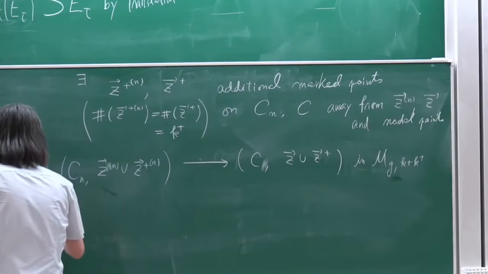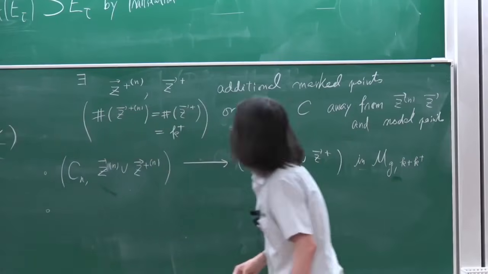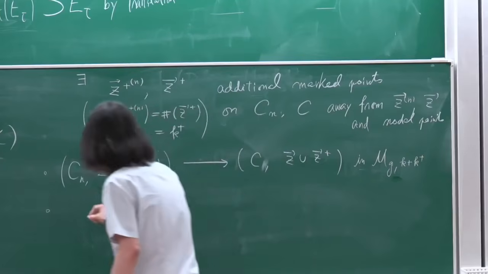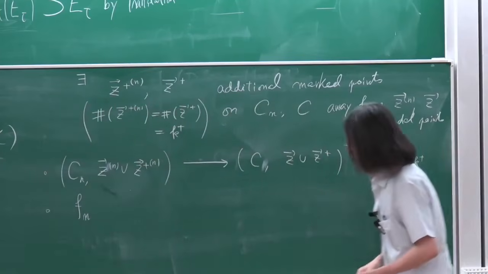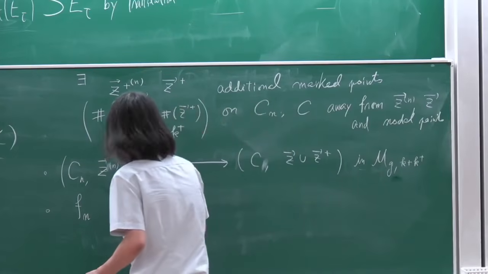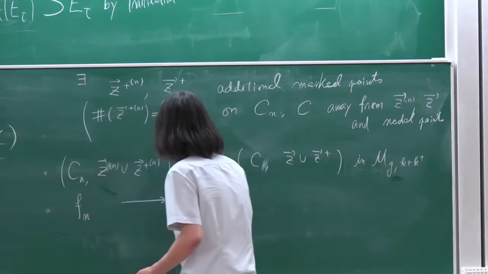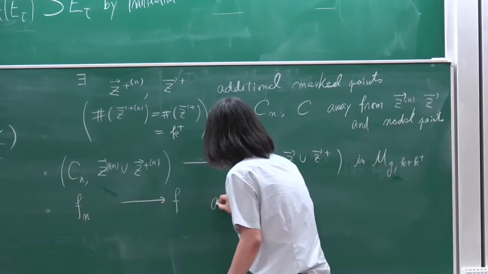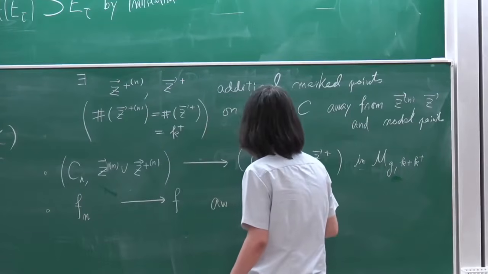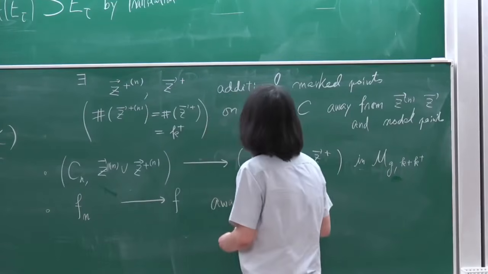And secondly, our map Fn converges to F away from nodes. Sorry.